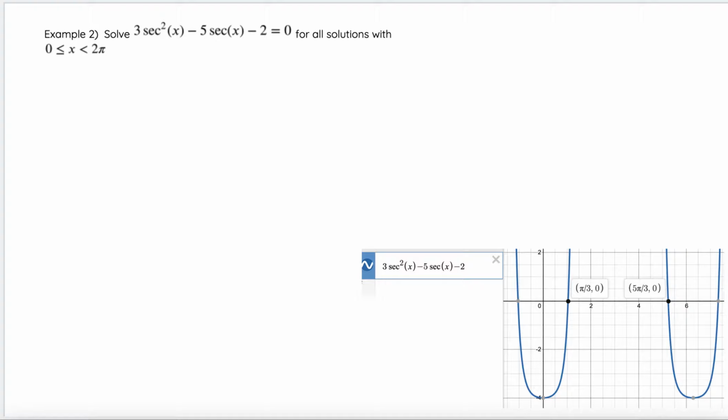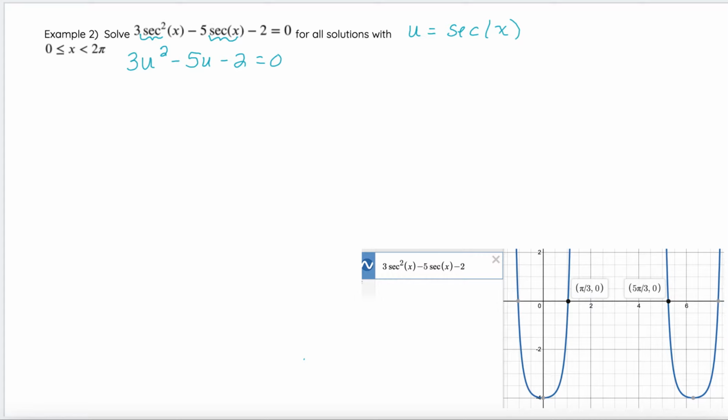This does look quadratic in nature, but I'm going to use u substitution a little bit here to break this down. I'm going to say 3 times u squared minus 5 times u minus 2 is 0, where u is equal to secant, so that it's not so busy.